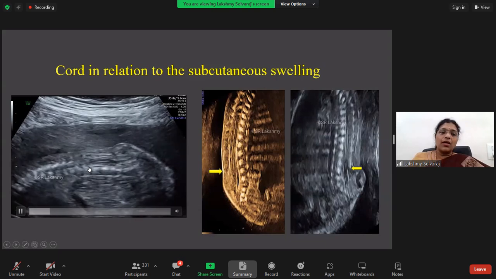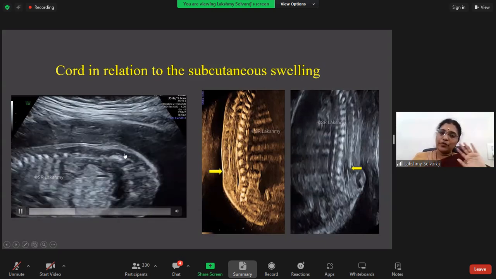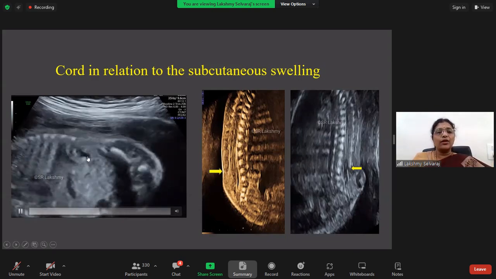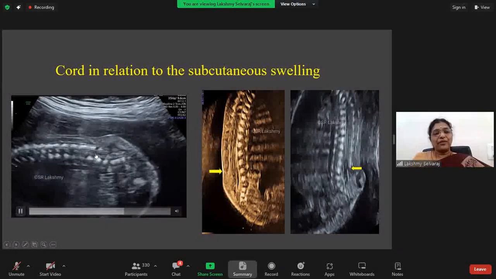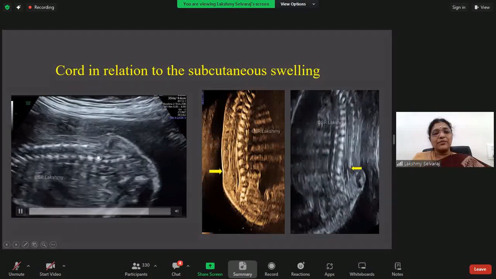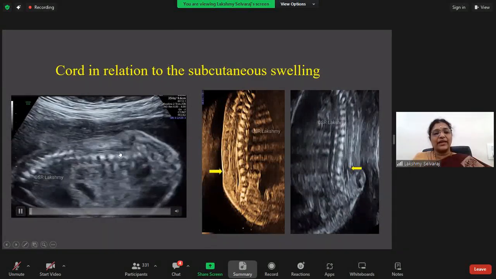And when you track the cord, whenever you have a swelling like this, once you have ruled out an open neural tube defect, the next thing I will look at is where the conus ends. So if I can get to the conus, I try to track the hypoechoic conus and the filum terminale.